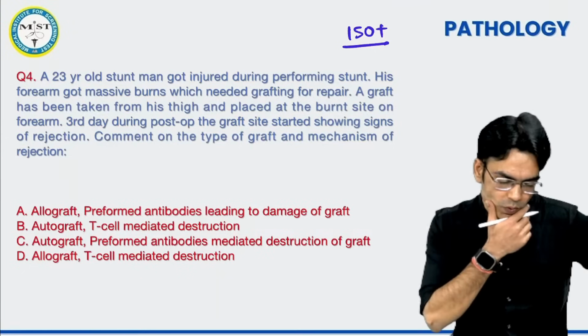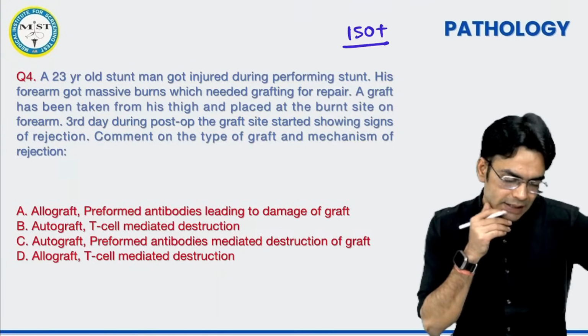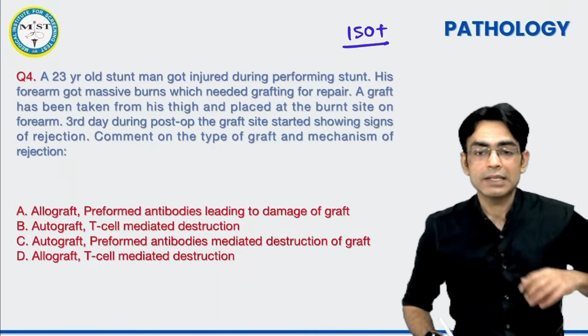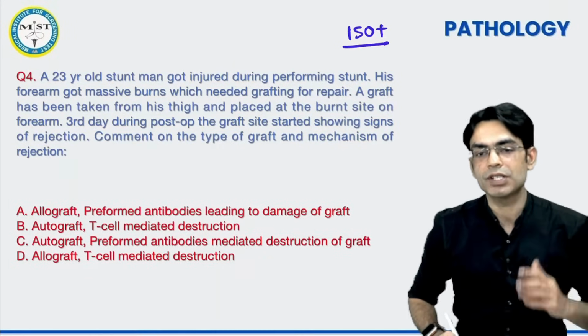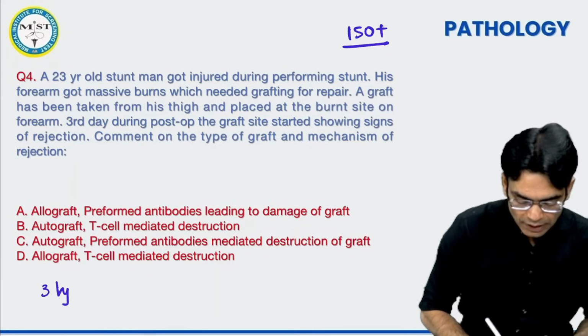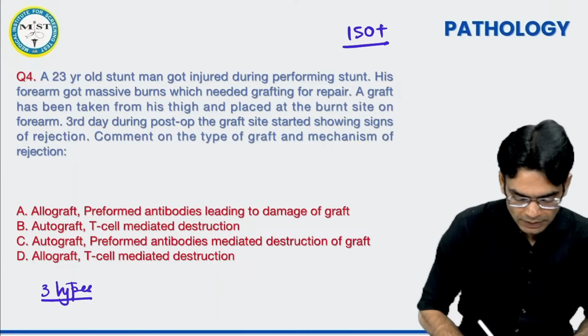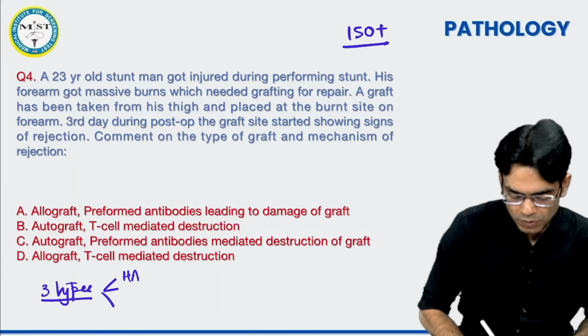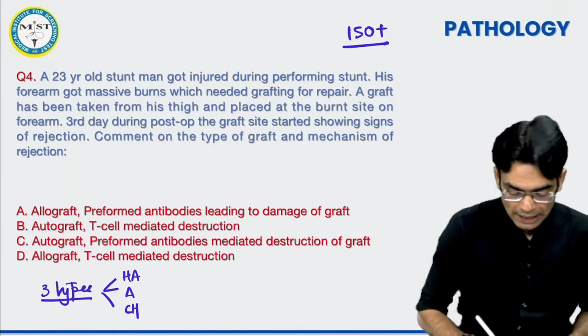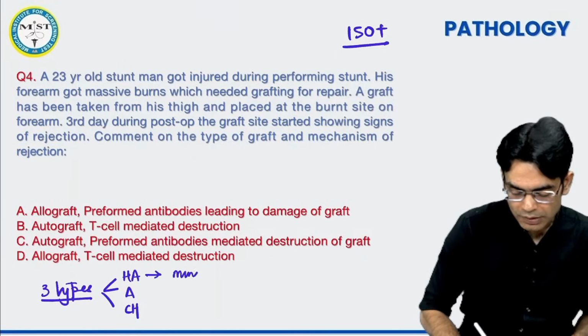Okay, so the answers which I am getting are A and B. First tell me how many types of graft rejection do we have? We have 3 kinds of graft rejection. Graft rejection is of 3 types: hyperacute, acute and chronic. In hyperacute it is minutes to hours, right?